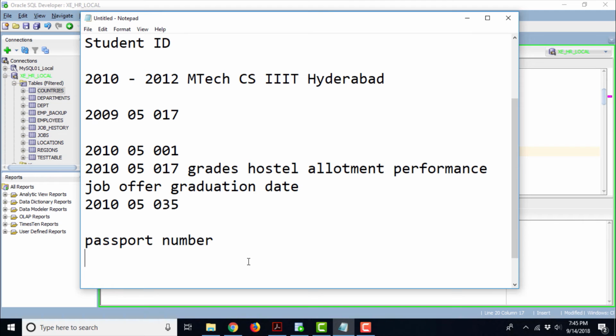Then your driving license or driving permit number, and other things like your tax details or tax number. All these details are unique.